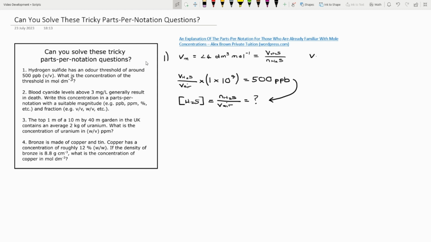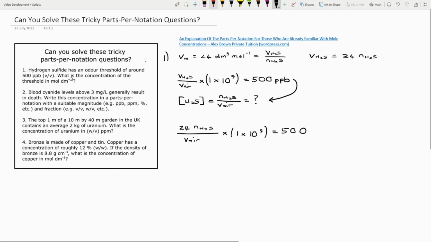So V H2S is equal to 24 times the moles of H2S. And then we can insert it into our parts per billion equation. So 24 N H2S divided by V air, times 1 times 10 to the 9, is equal to 500.